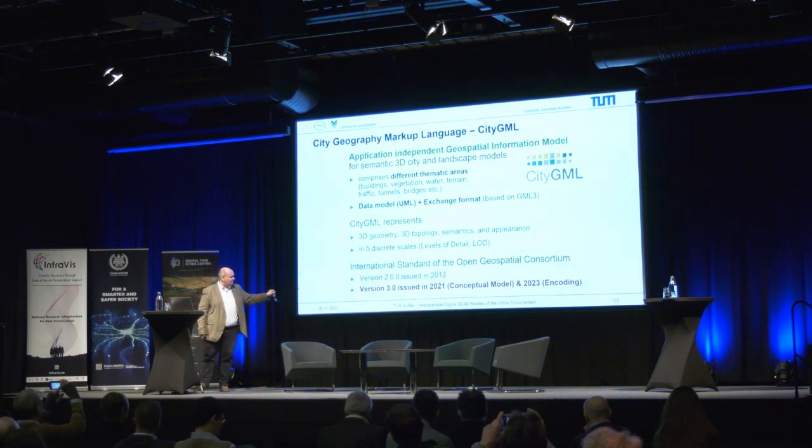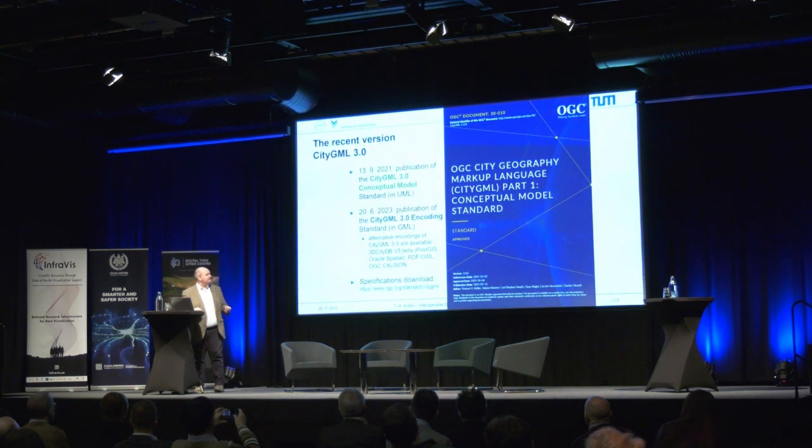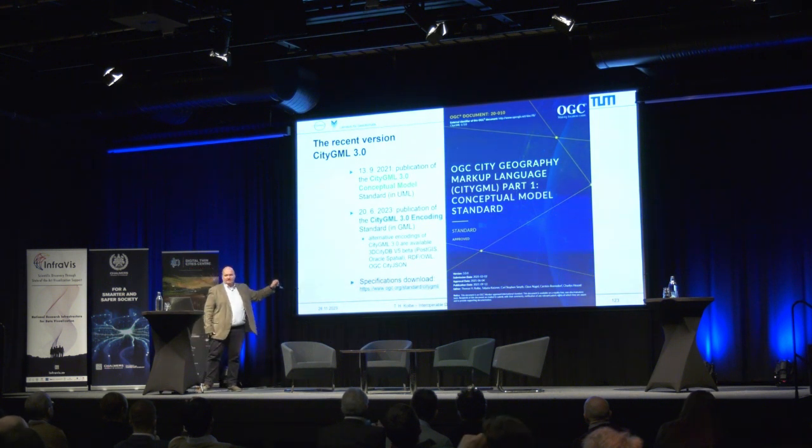And the new version, version 3, for the conceptual model, it has been released 2 years ago, and this year we had then also the release of the GML-based encoding of CityGML. And what is maybe interesting is that there are alternative encodings nowadays for CityGML available.